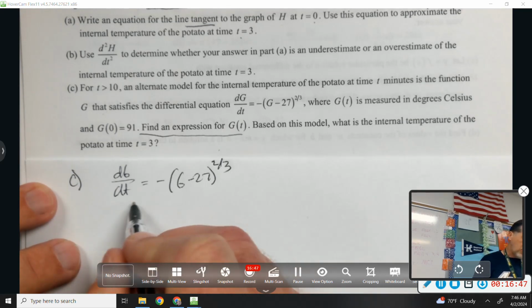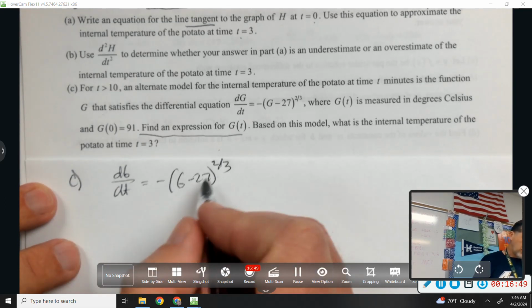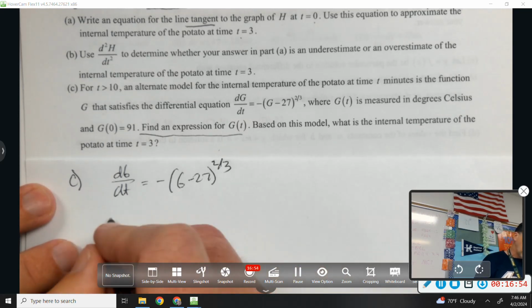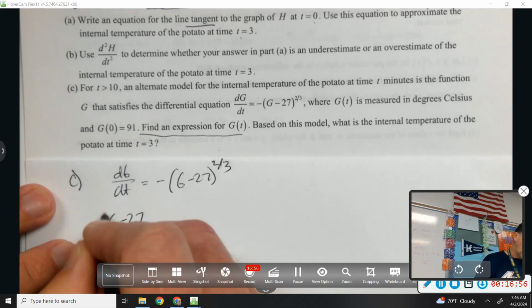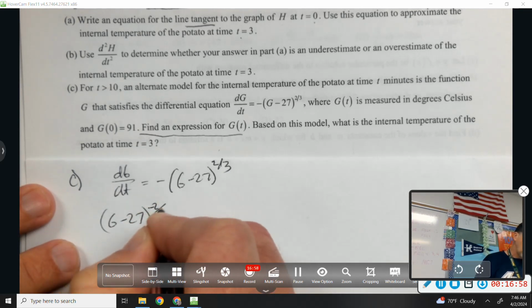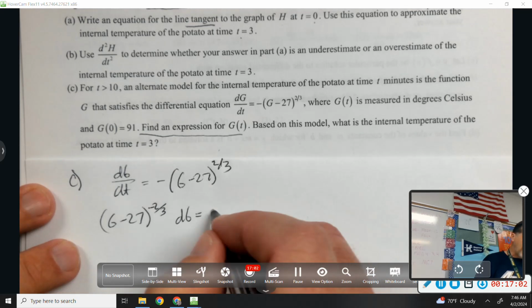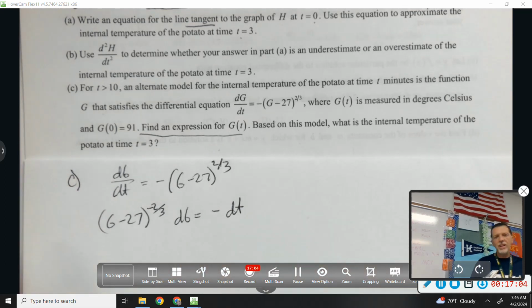I need to get the g stuff by itself. So I'm going to move the g stuff over, so that's (g minus 27) to the negative 2/3 dg equals negative dt. I left the negative on the right hand side, it doesn't really matter. So there's my separate step.